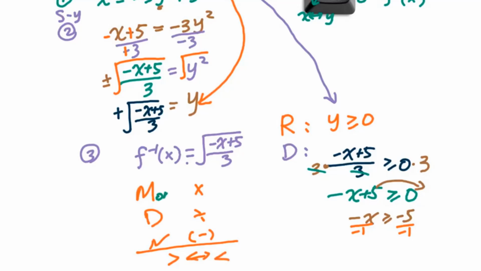So we use mommy, daddy, nanny to remember this rule. Since we divide by a negative number, we have to switch the symbol. x less than or equal to 5. Therefore, the domain will be x less than or equal to 5 for this inverse function.